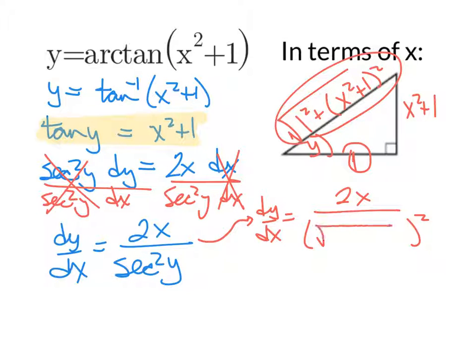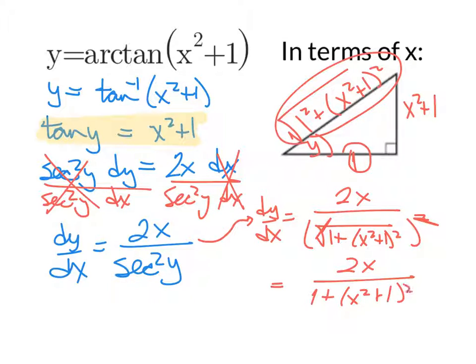So the square root of 1 plus x squared plus 1 squared, and if you wanted to, you could FOIL this out. I am cool with letting you leave it like this. However, we should let the square and the square root cancel so that this derivative will be 2x over 1 plus x squared plus 1 squared.